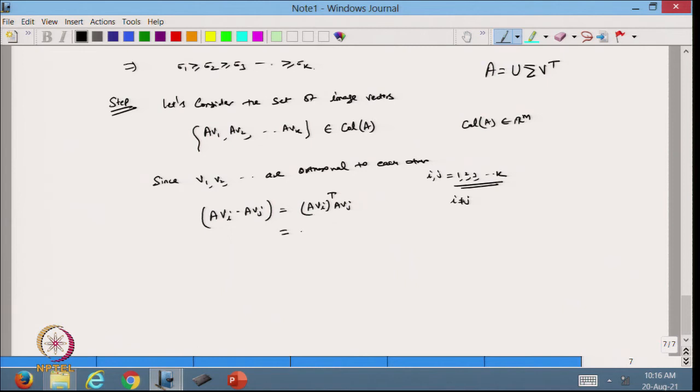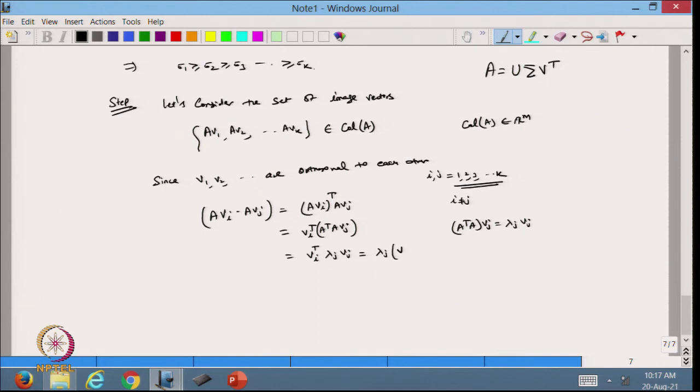This can be written as Vi transpose A transpose A Vj, and I know that A transpose A Vj, that is the eigenvector of A transpose A, is equal to lambda j Vj. So, from here I can write this as Vi transpose, and this part I can write as lambda j Vj, and now I can take lambda j common.